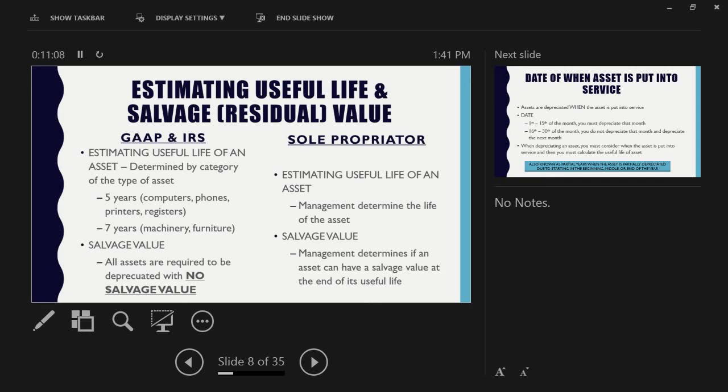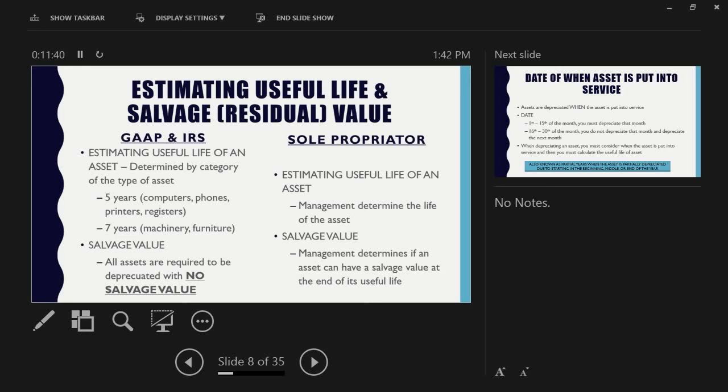However, if we follow the rules of GAAP, estimated life is usually given to you. So in other words, assets already have a determined life value to it, and it's based on the type of asset it is. GAAP has a similar Blue Book, right?